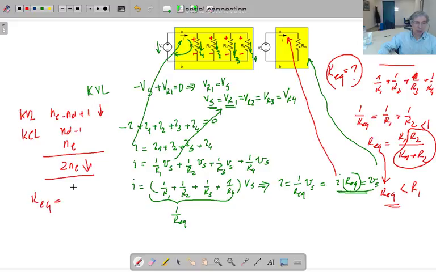R equivalent is R1 times R2 over R1 plus R2. Assume that this is not available in the market, and these are available standard resistors.